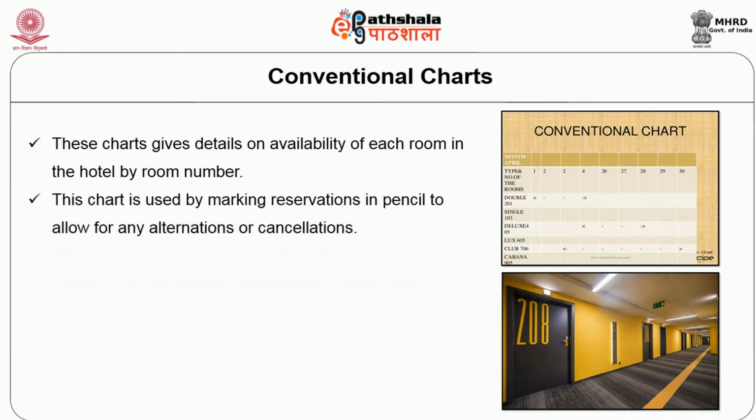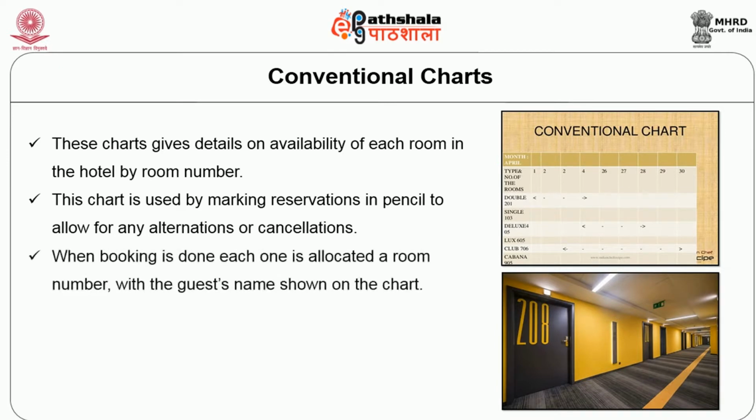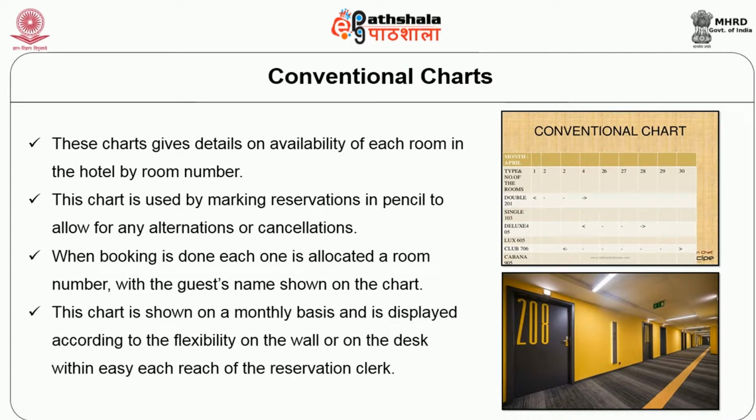This chart is used by marking reservations in pencil to allow for any alterations or cancellations. When booking is done, each one is allocated a room number with the guest name shown on the chart. This chart is shown on a monthly basis and is displayed on the wall or on the desk within easy reach of the reservation clerk.